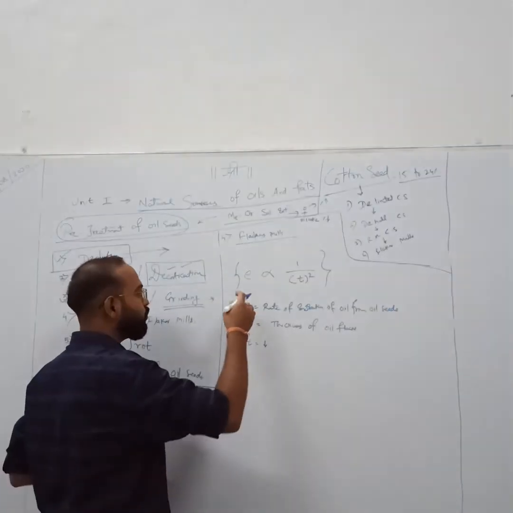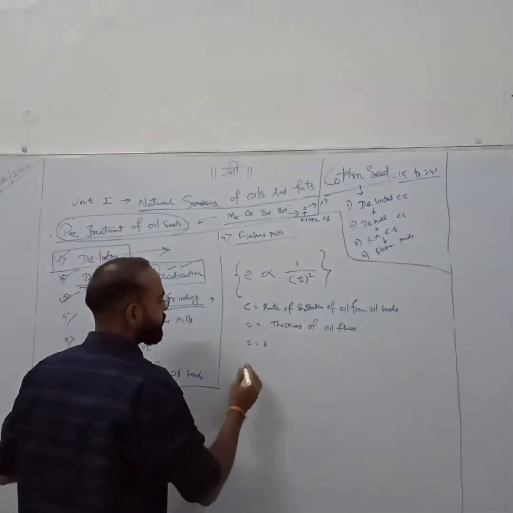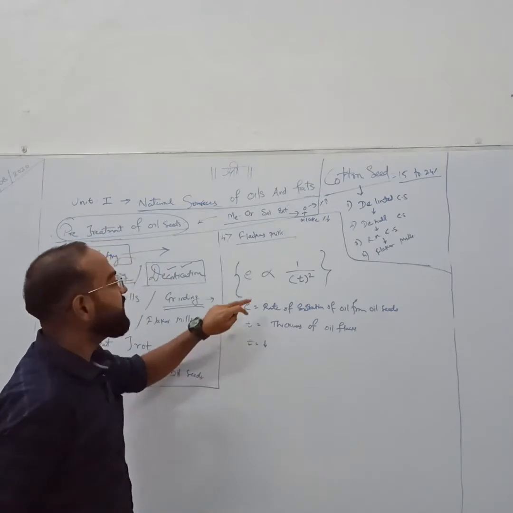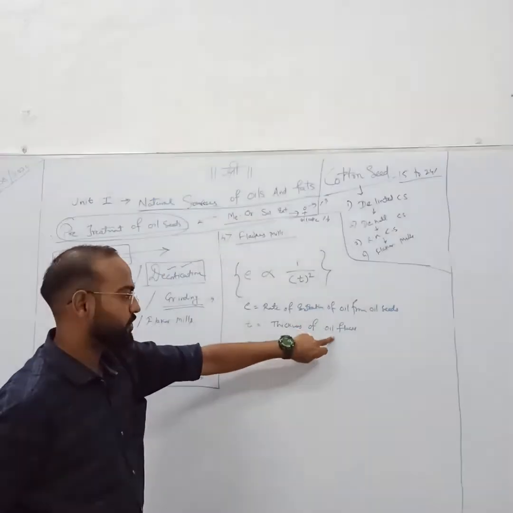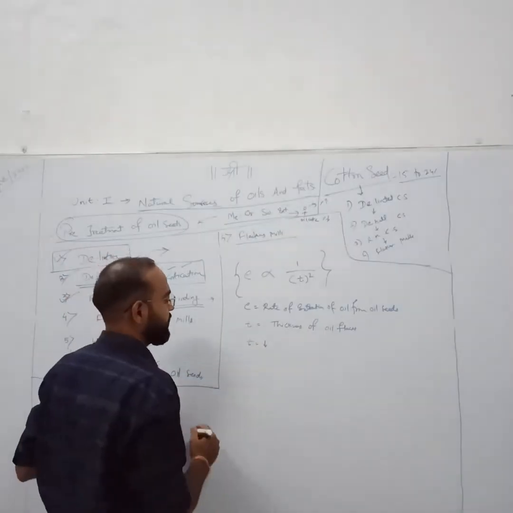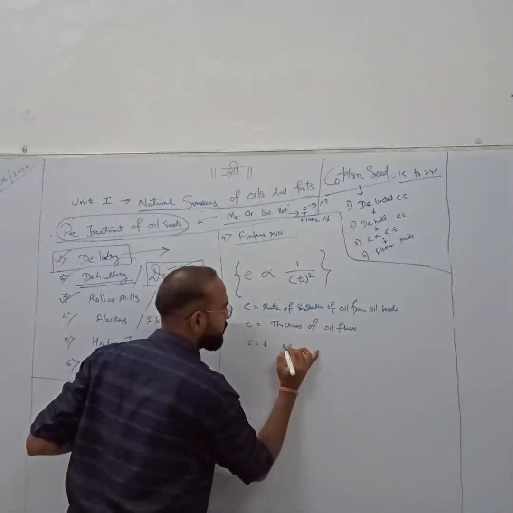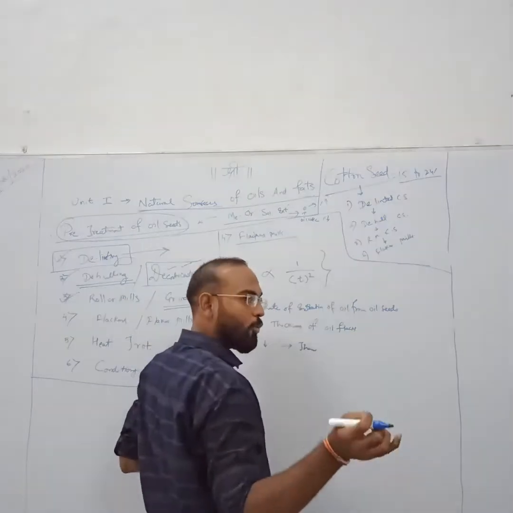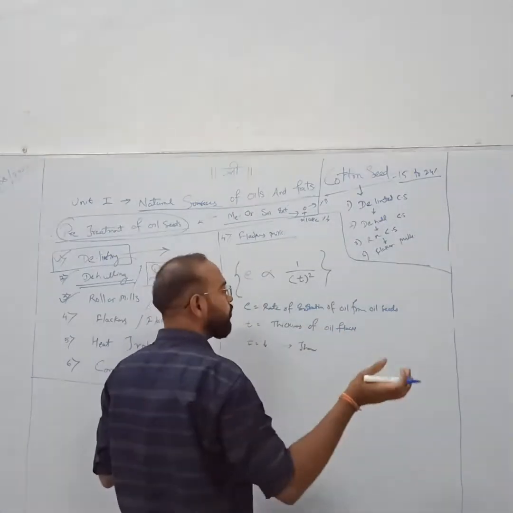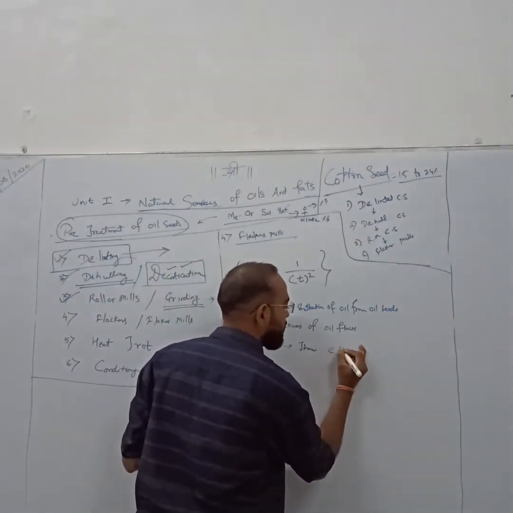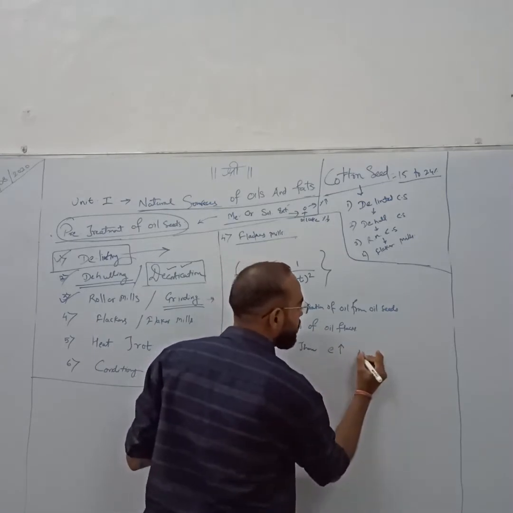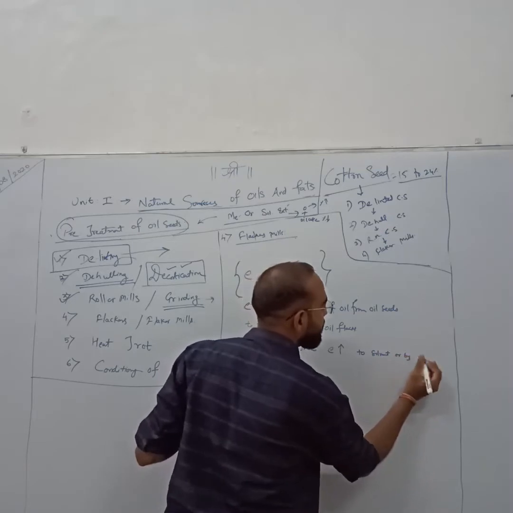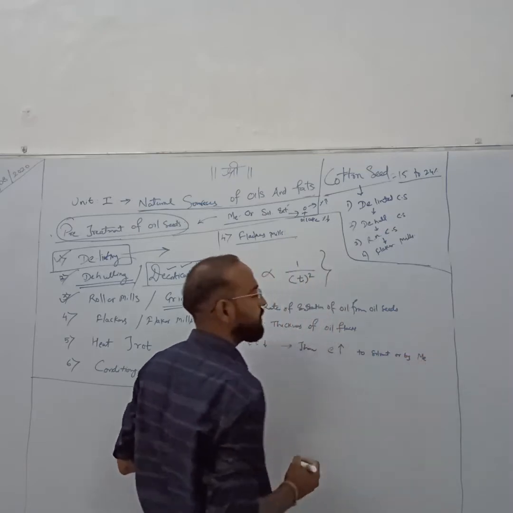Before that, just focus on the expression and what it exactly says. If the thickness of your oil flakes is less, then the oil from the oil seed will be extracted more rapidly by solvent or by mechanical extraction.